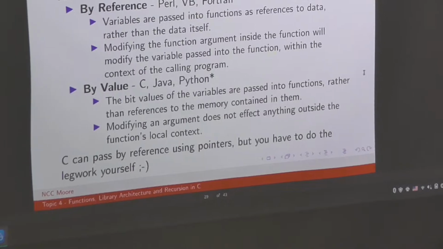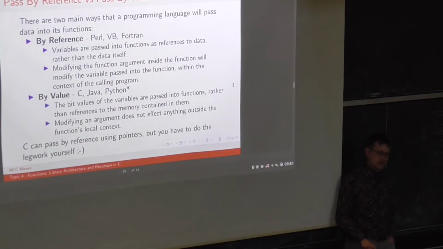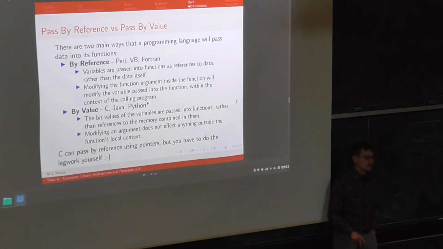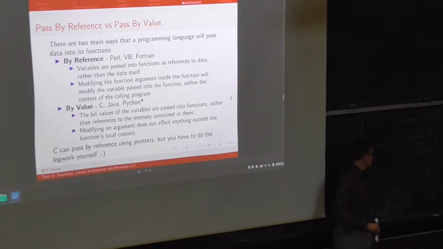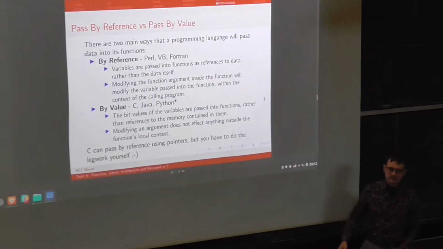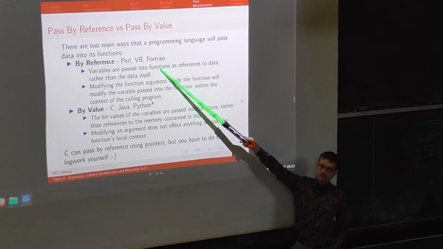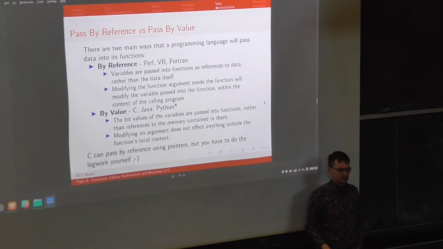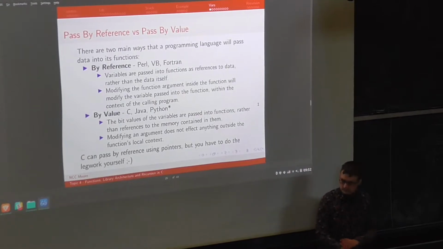Because while C does pass by value, it can also pass references by value, which I know is a little bit confusing, but if the input to a function is a pointer rather than a value, this is the situation that you're in, even if you are in a pass by value language like C. In fact, that is how such languages are constructed, using other languages that know how pointers work. Right? Make sense?